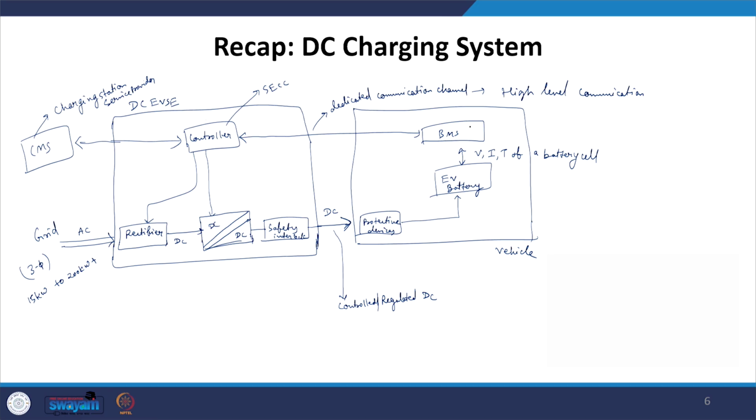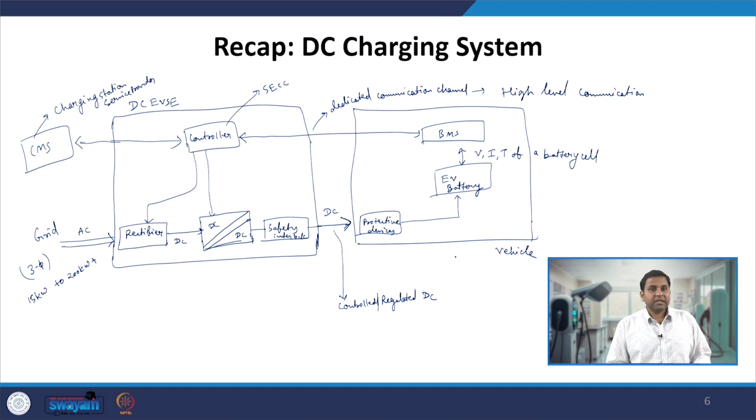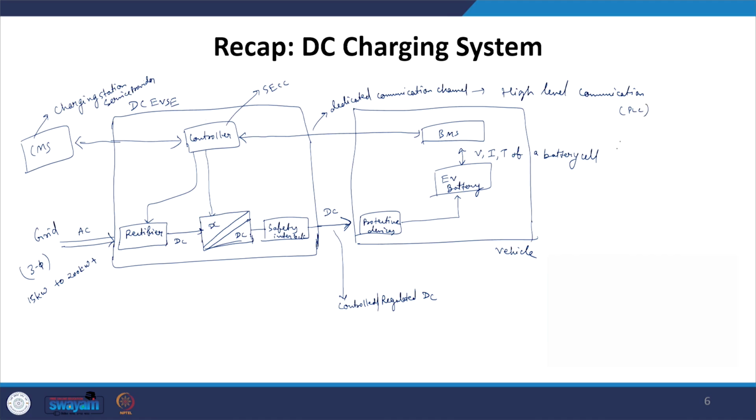The BMS has to share a series of information at different instances of time with the controller. That is why you require a dedicated communication channel and a high level communication, and in the case of CCS2 that takes place using a PLC based dedicated communication channel using the 7 OSI layers, the open system interconnection layers.